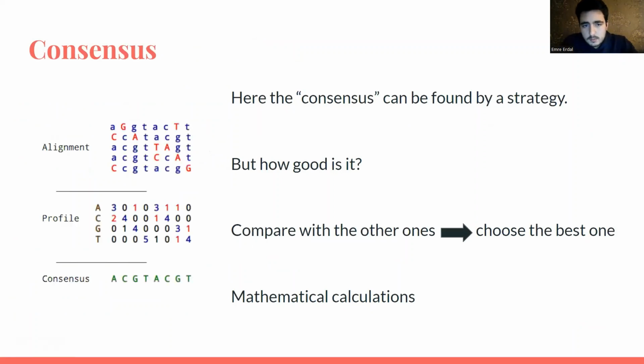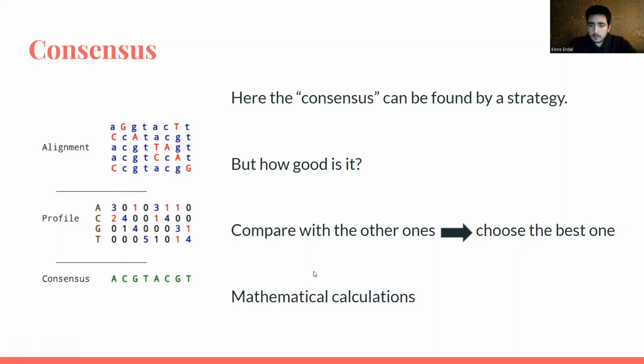And what is consensus? The consensus can be found by a strategy: looking at how many A's there are in the first column and how many C's, or I mean G's, in the second column, writing the number and taking the character with the highest count. So it is A for the first one, C for the second one, G for the third one, and it continues like that.